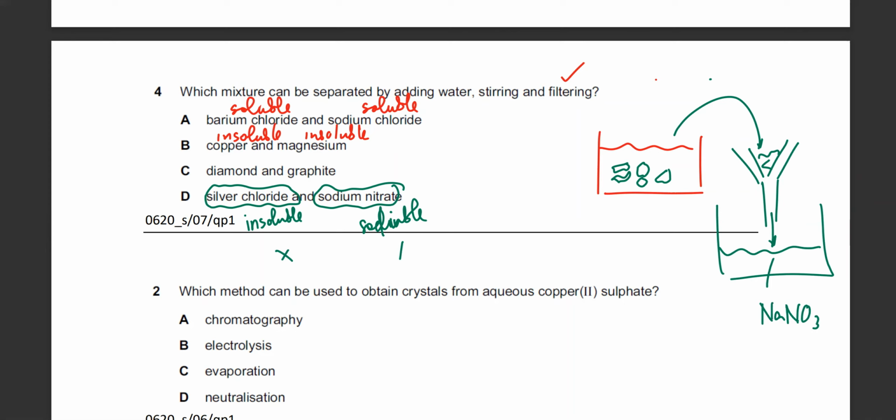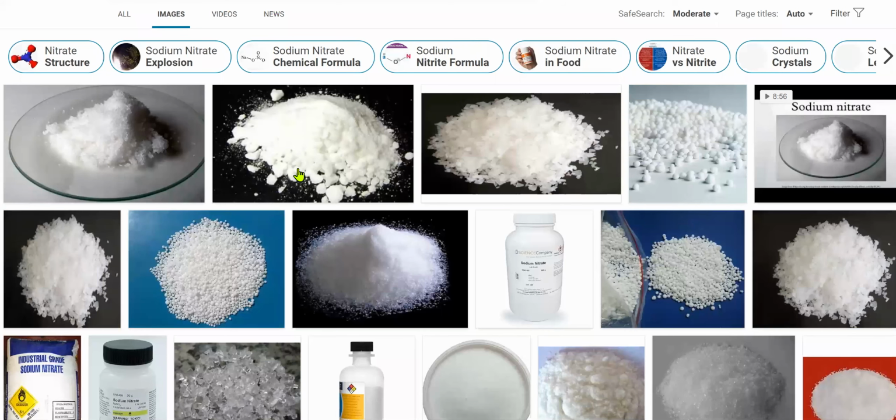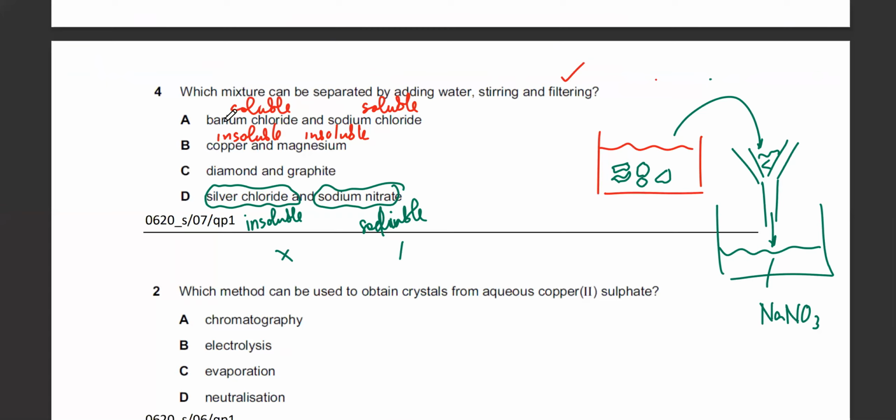Sodium nitrate is like your normal table salt, and it dissolves just like your table salt. Anyways, for now, just a brief introduction would be sufficient. I don't want to go into detail about these compounds. Silver chloride, on the other hand, is insoluble. So the AgCl, or silver chloride, would be stuck at the top. So separation is going to be possible in option D.